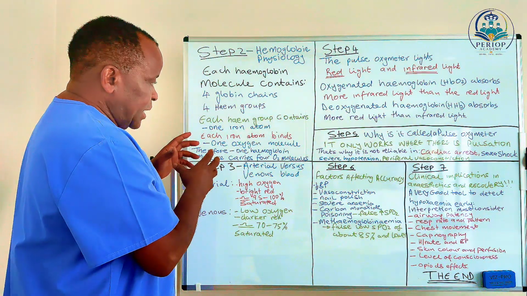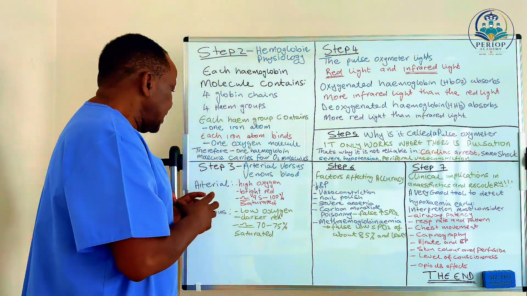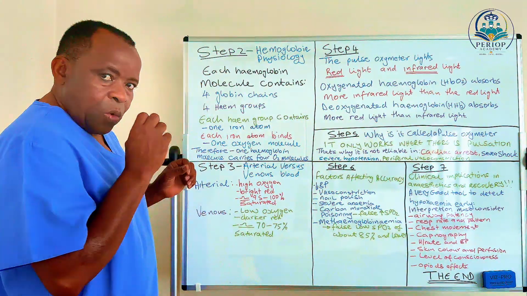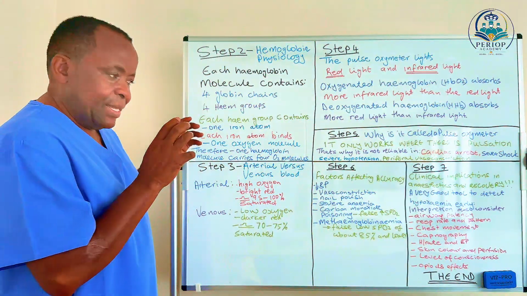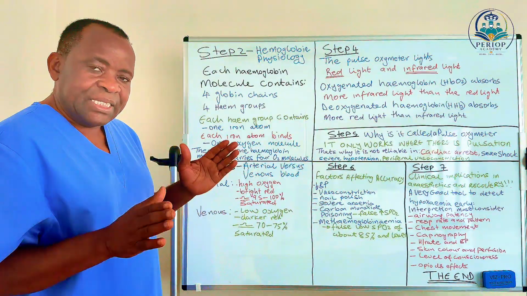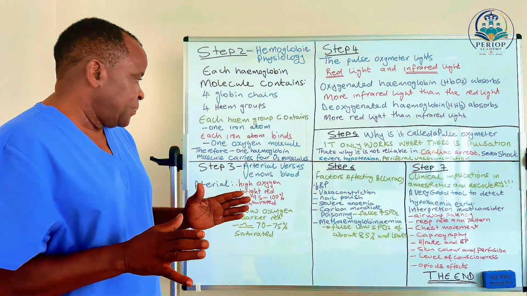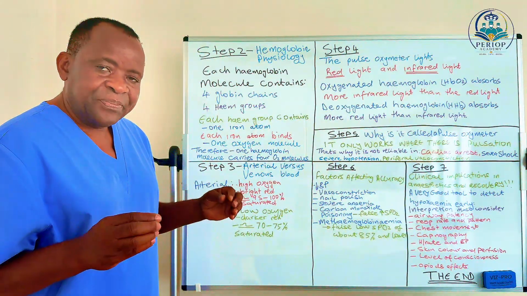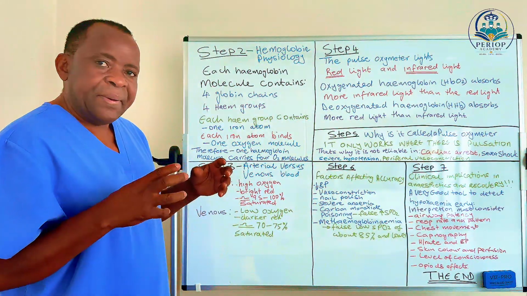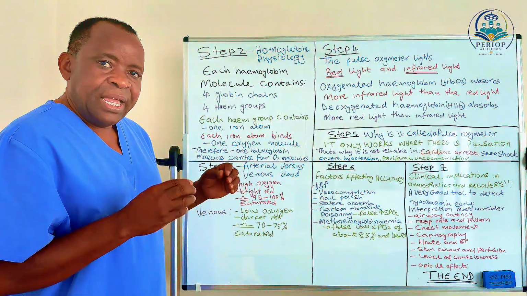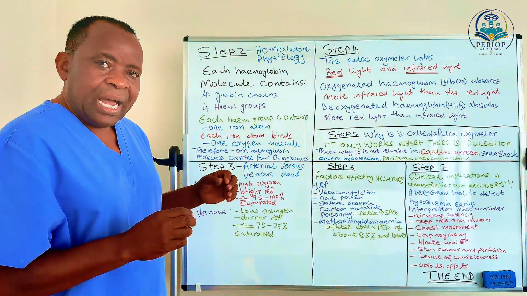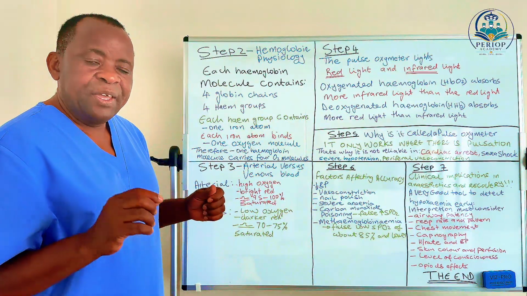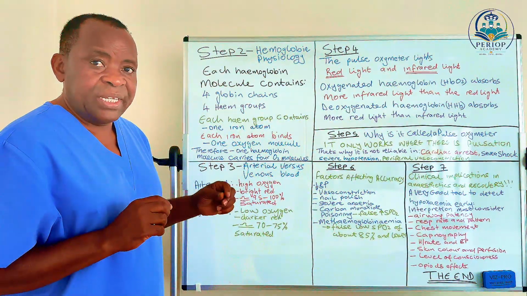To further that information, in step 3 we want to look at the blood in its different compartments. We have the arterial blood, which is bright red and has the capacity to carry an estimated 95 to 100% saturation.